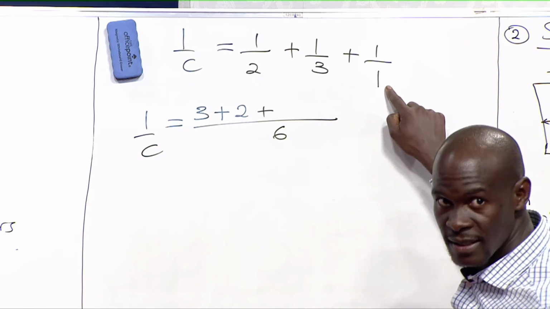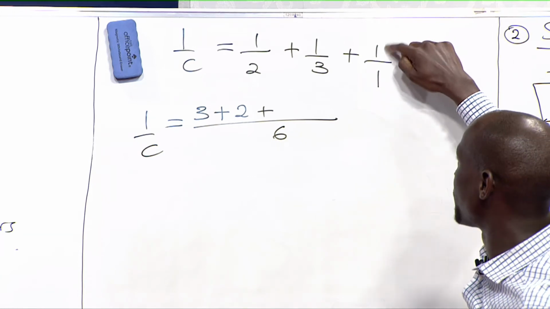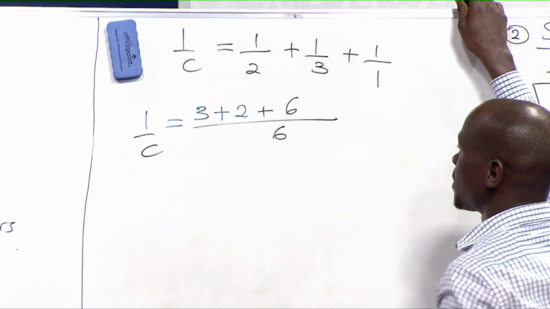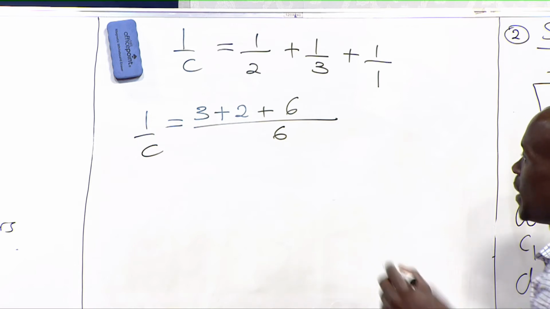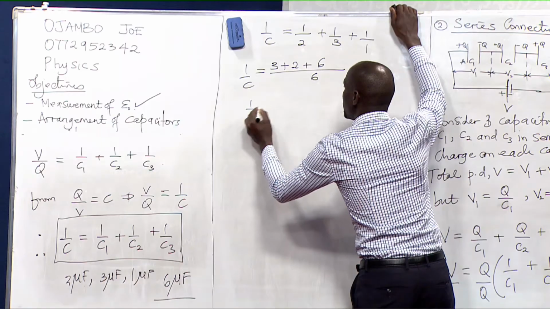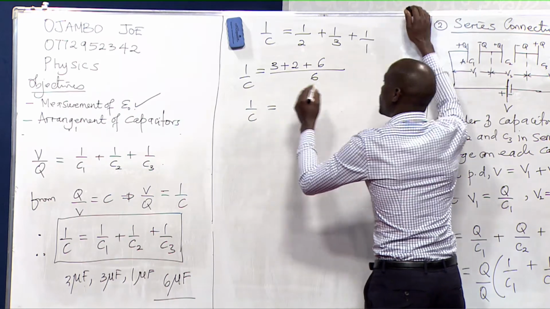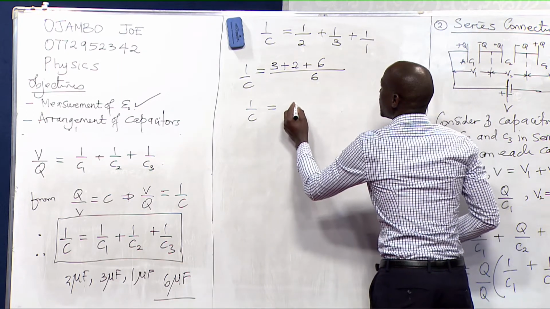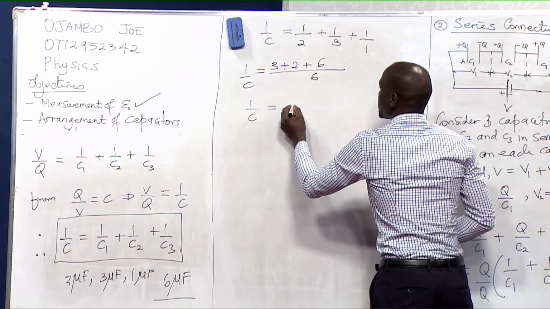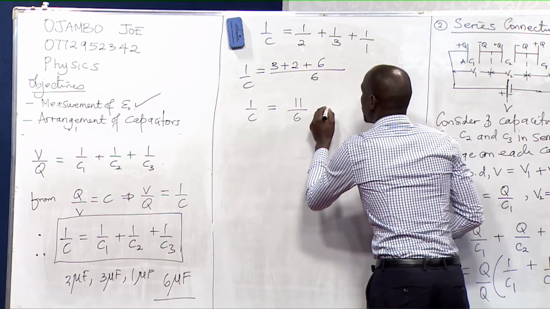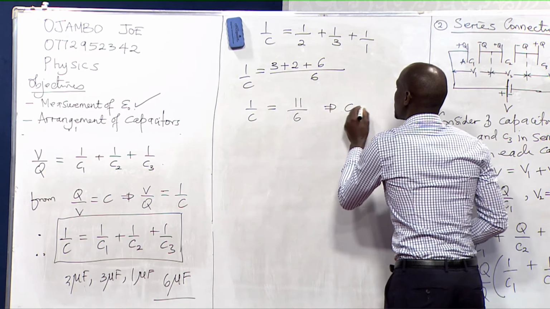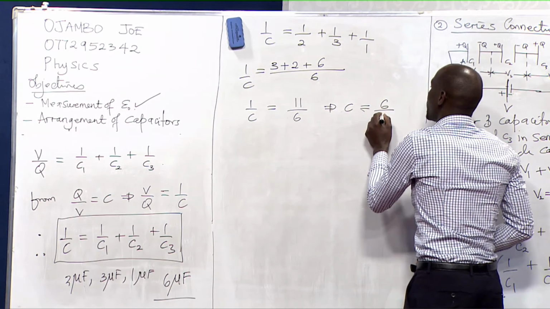Am I right, class? Yes. Then times 1 is 6. So from there, what do we discover? You'll have 1 over C will then be equal to, the numerator is going to give us 5 plus 6 is 11 over 6. So therefore, our capacitance will be the reciprocal, 6 over 11.